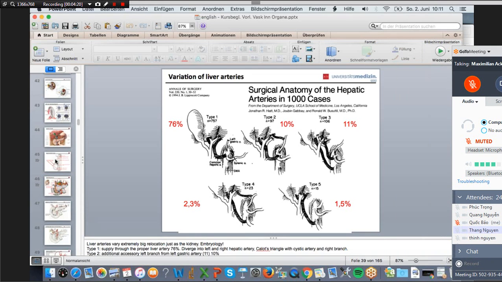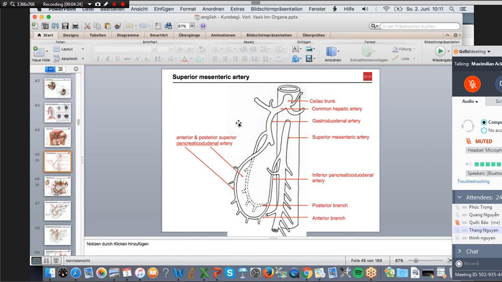Then we talked about the superior mesenteric artery. You see this is a kind of loop, and this loop is built up by the anterior and posterior superior pancreatic duodenal artery, and this network of loops supplies the head of the pancreas.